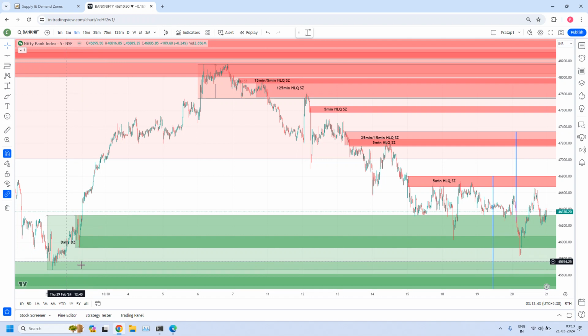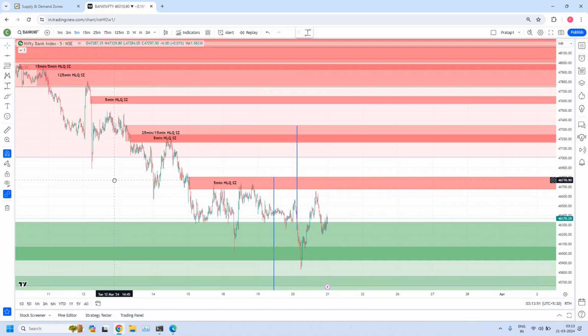Below this, if there is any 75 minute zone, in that a 15 minute zone, in that a 5 minute zone, you can take an entry. That is what I told you yesterday. I told you, you people should do that exercise. If you would have done that, today, see the move from here to here. It has given 760 points profit from this entry, a 5 minutes fine-tuned zone.